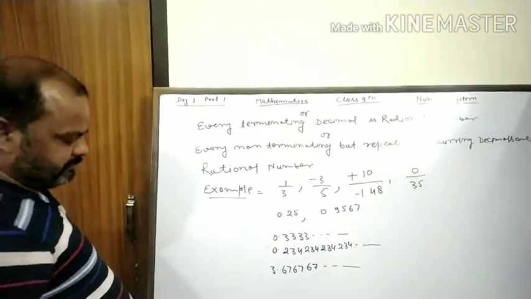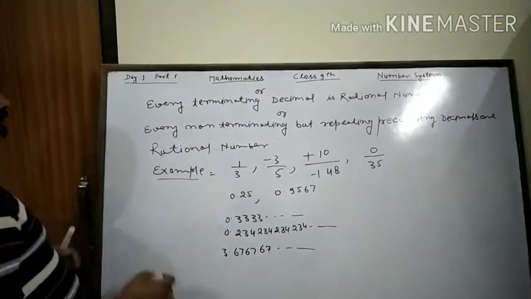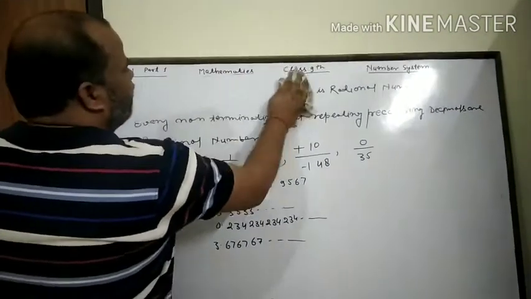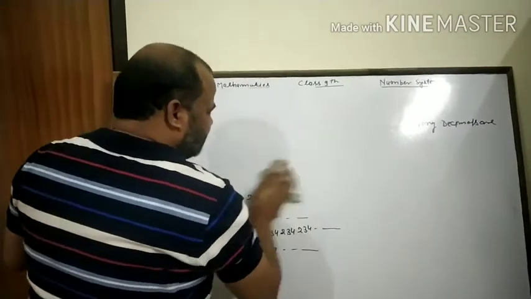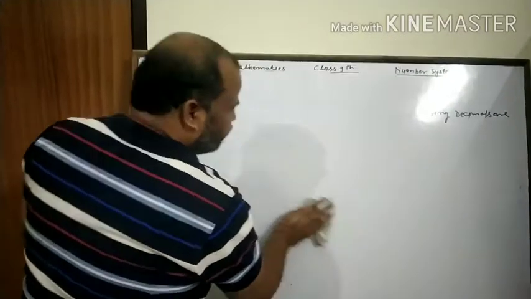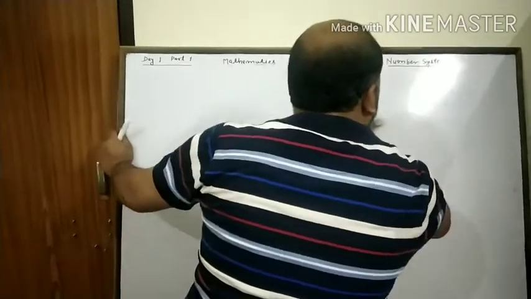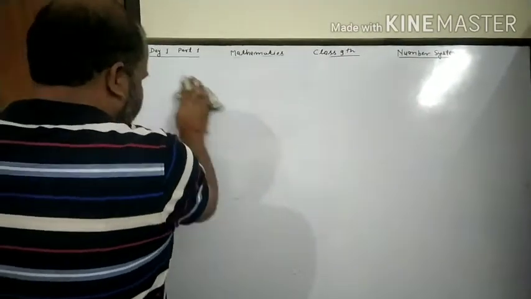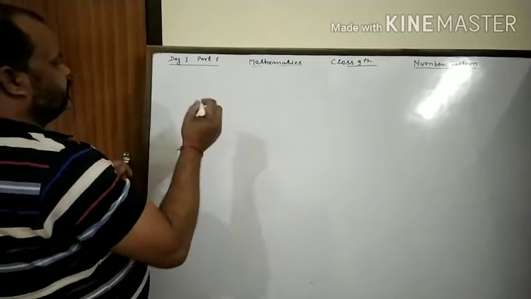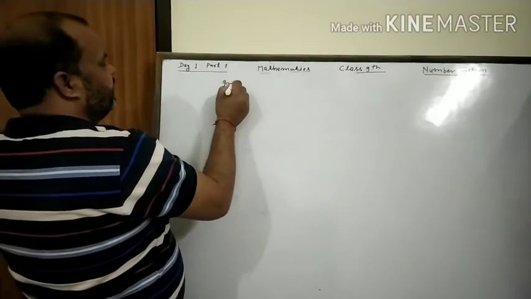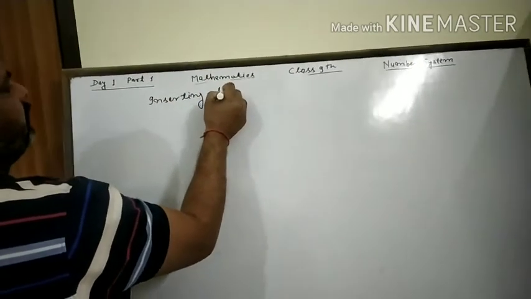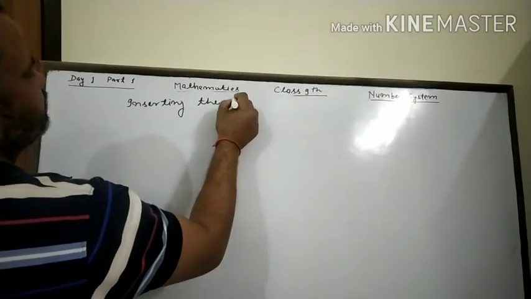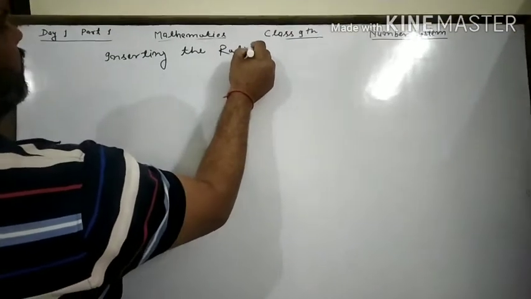Then after, we know our first topic, inserting rational numbers between two rational numbers.